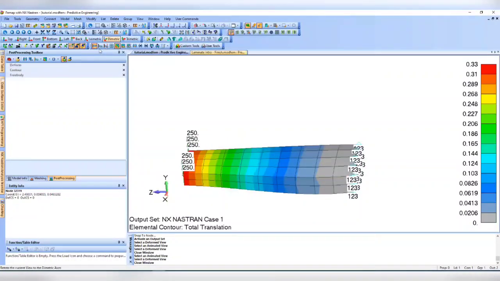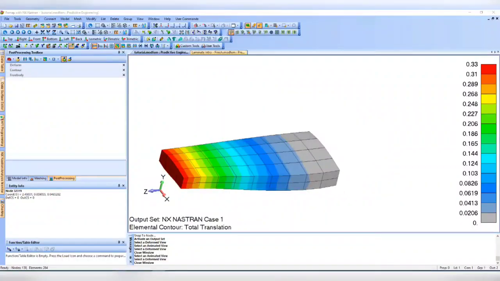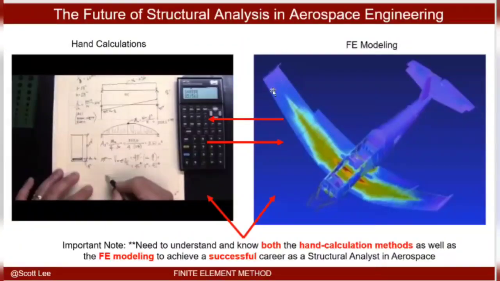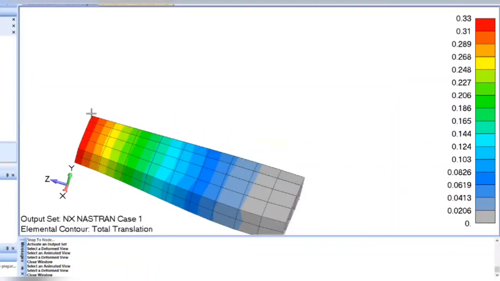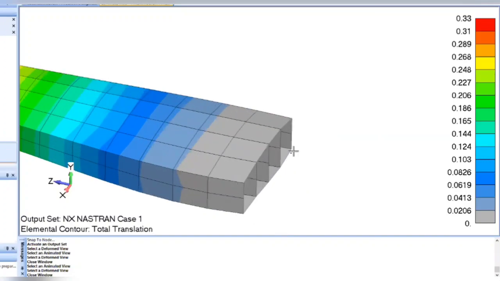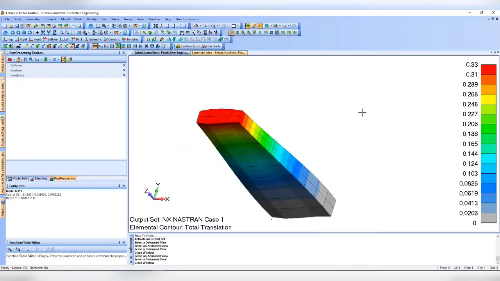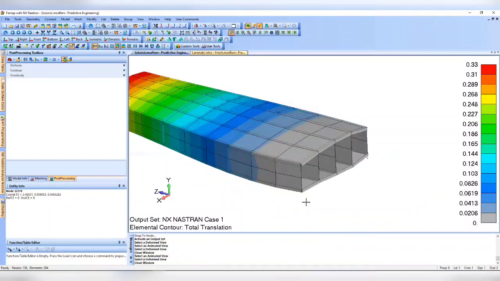So this is an example of a wing box. Okay. And this is the tip, outboard tip of the wing, and this is the inboard where it interfaces with the fuselage. It's a very simple example. It's made up of shells and bars. And the way we can see that is if I turn on the thickness, you can see these lines here.